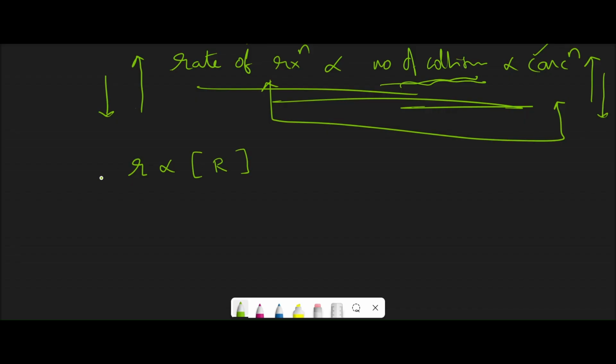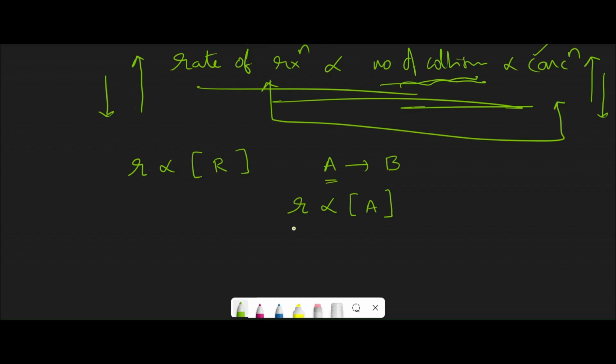For any balanced reaction, I can write the concentration relation with respect to rate of reaction: rate of reaction is directly proportional to the concentration of reactant.